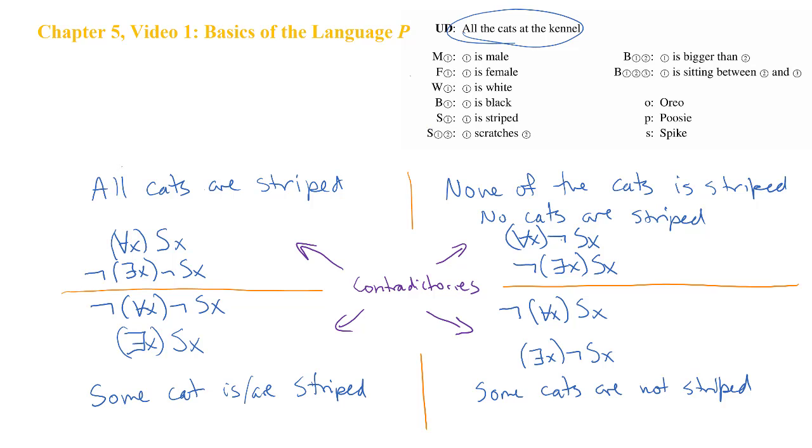We've got four basic quantity terms here: all, some, none, and some not. And the pair in each corner is an adequate translation of that quantifier.